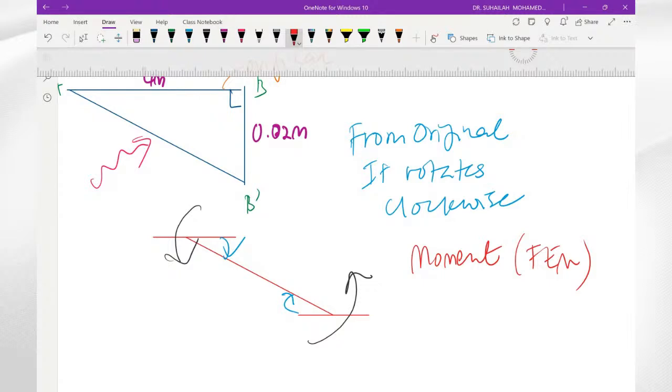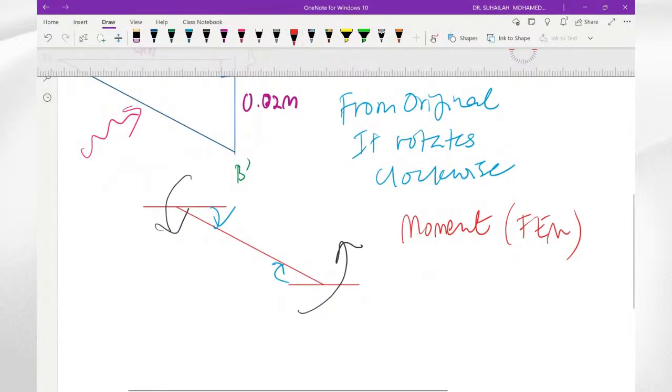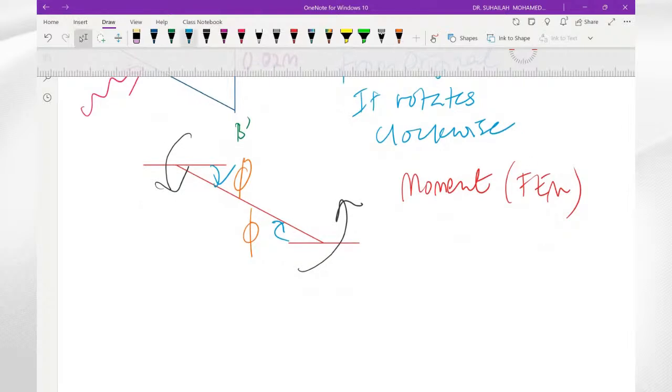Its direction is counterclockwise. Or we can say that this angle is known as chord rotation.